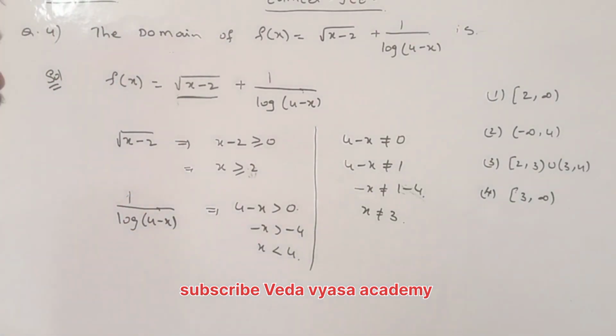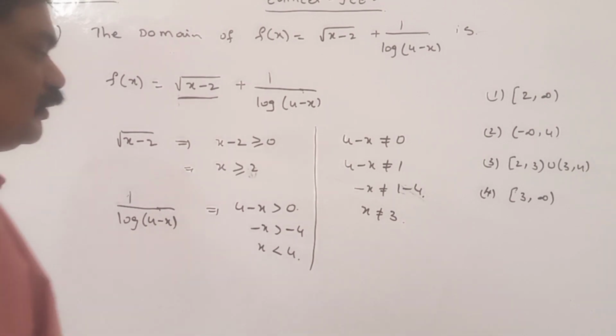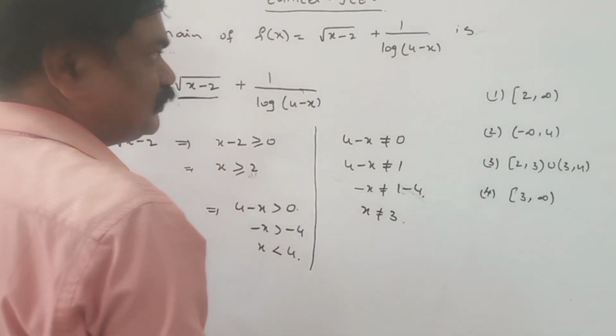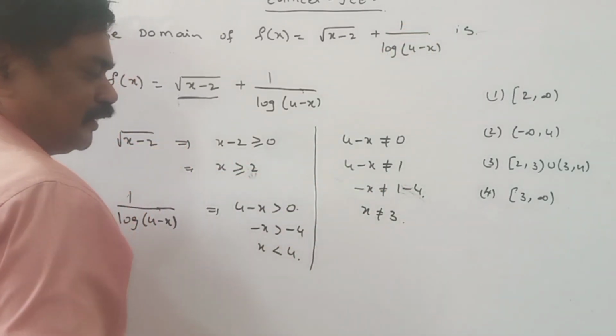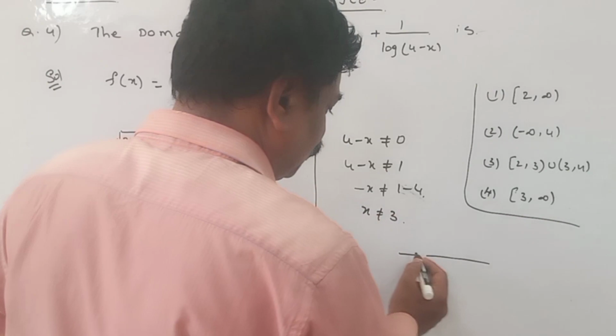If x takes the value 3, then log 1 is 0, and 1 by 0 is infinity.